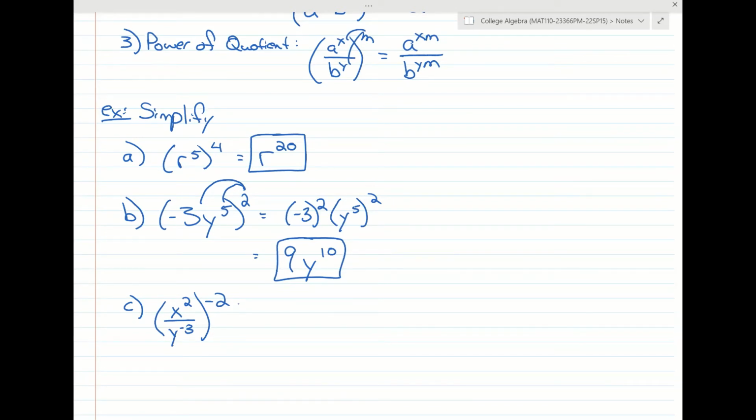Well, just like before, what we're going to do is distribute this negative 2 to the exponents. This would be the same thing as x to the negative 4th over y to the 6th. And then we could just drop this x to the bottom and say 1 over x to the 4th, y to the 6th.